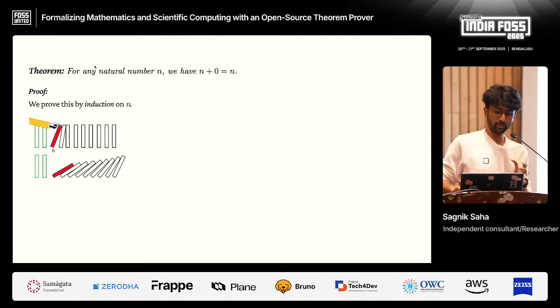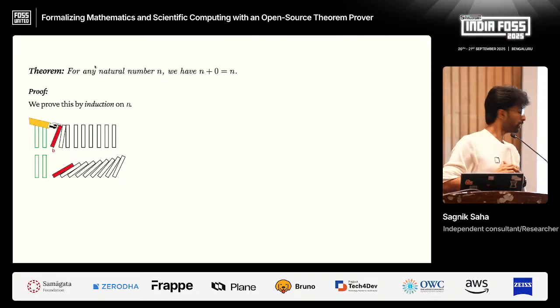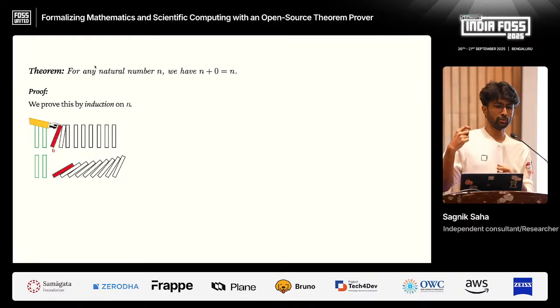To give a small flavor of how Lean works, let us take a very simple theorem and go through the proof of it. Let us take this theorem where for any natural number n, we have to prove n + 0 gives us n. We'll prove this by induction. Induction basically says that if it is true for a base case, and if it is true for any case then it is also true for the next case, then we can iterate it to be true for all possible cases.